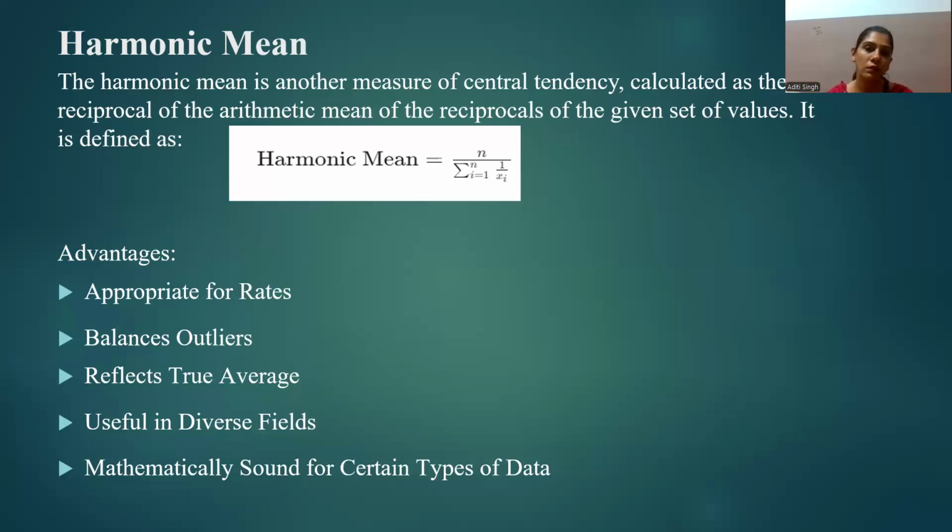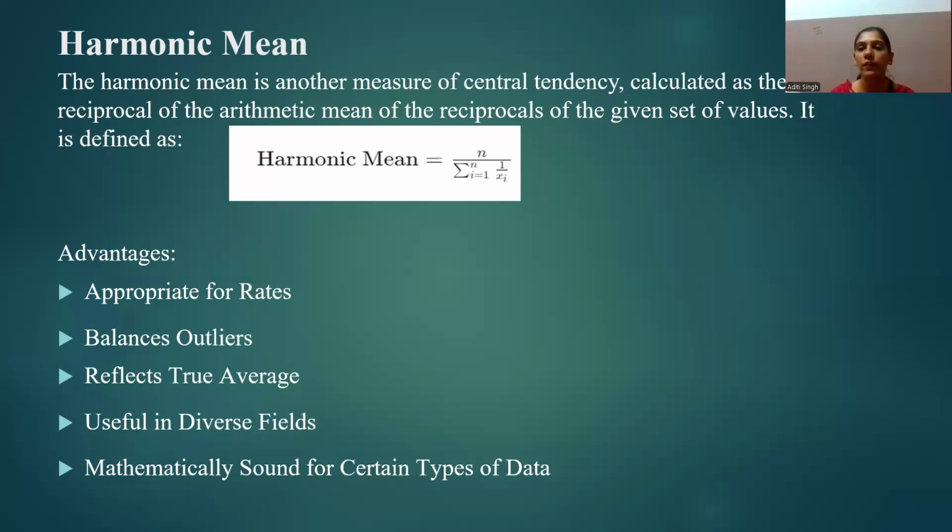So it is very helpful in balancing the outliers, as it provides less weight to the larger values and more weight to the smaller values. It makes the calculation of the average easier for any given data series.